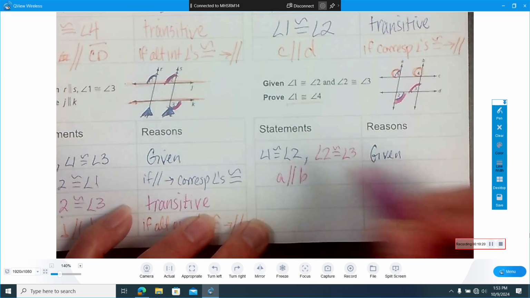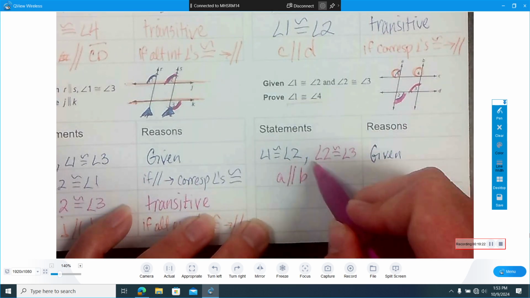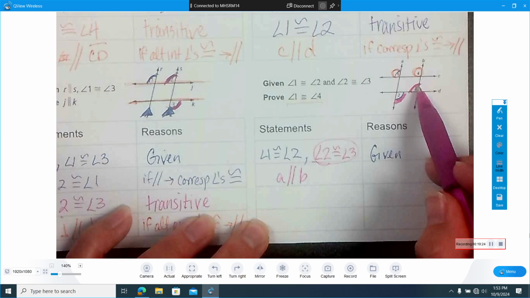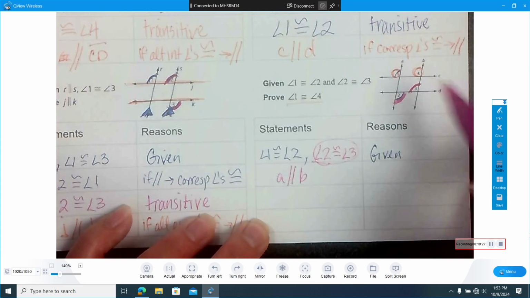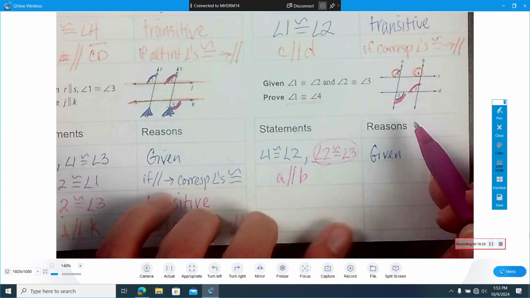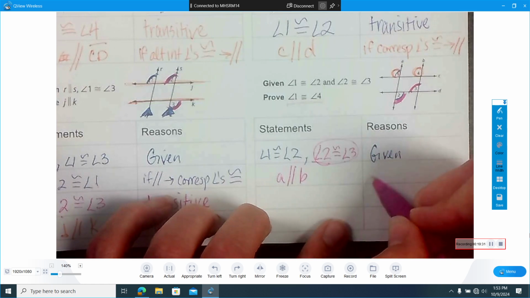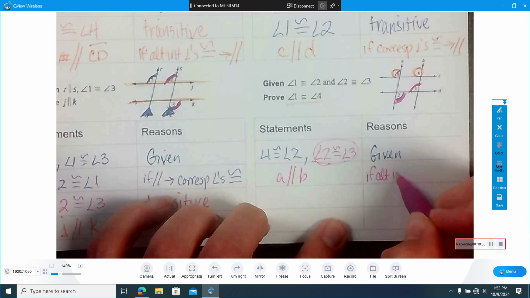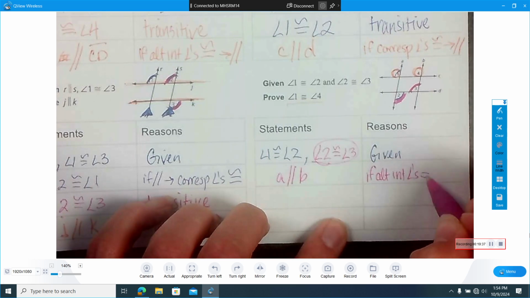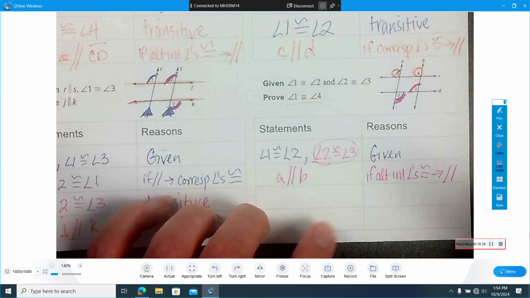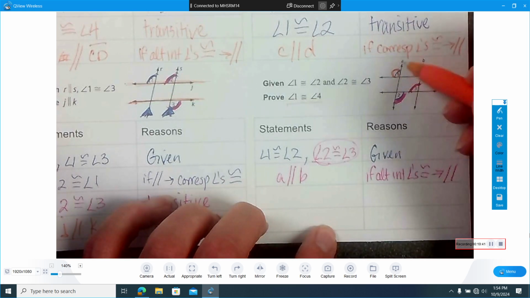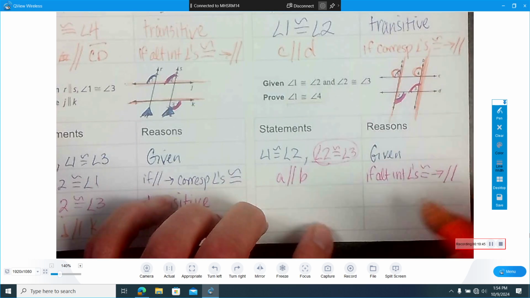A is parallel to B right off the bat, just with this information that 2 and 3 are congruent. What kind of angles are those? Alternate interior. If alternate interior angles are congruent, then we have parallel lines.